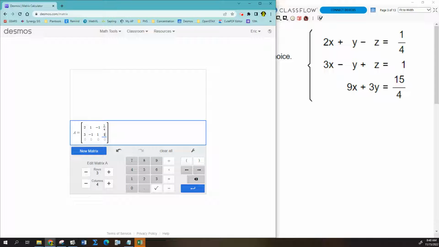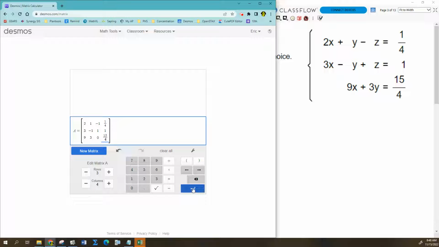Okay, what do I do next? Right arrow, good. 9, 3, 0. Everybody see that? How come 0? There's no z, right? If there's a missing z, that means the coefficient is 0, and then 15/4. Everybody got that? So we filled it all in.